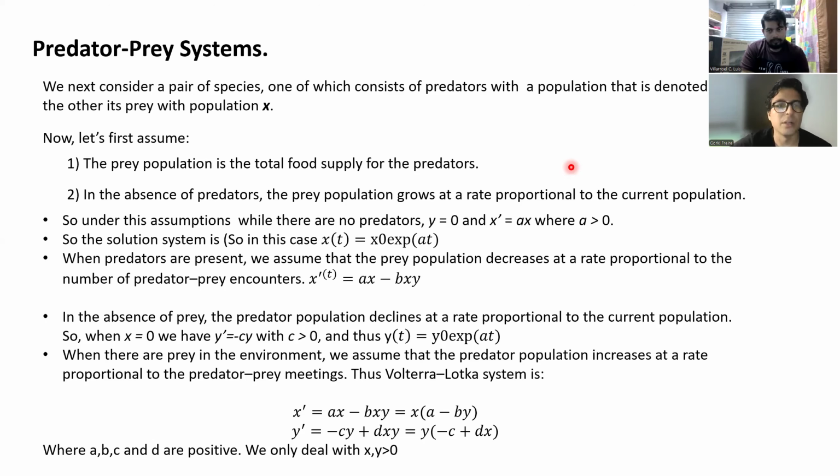The prey population is the total food supply for the predators. So the predators are going to eat only the prey. In the absence of predators, the prey population grows at a rate proportional to the current population, such as what we saw in the first chapter.